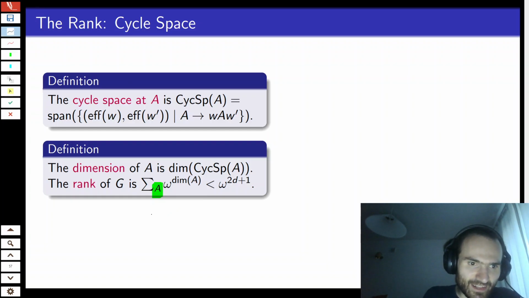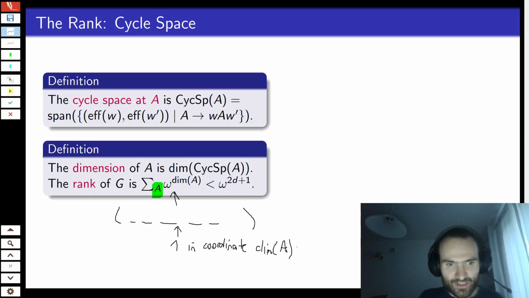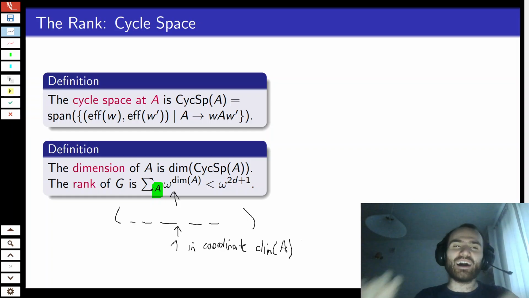If you think of it as vectors in N^D, then omega to the dimension of A means you have a very long vector, and you have a 1 at the coordinate corresponding to the dimension of A. Or +1, and you can think about which side you add from, but the point is higher dimension means you are way larger.